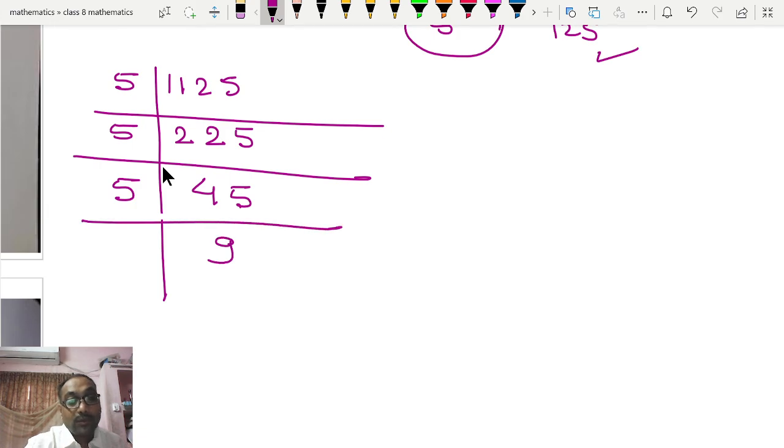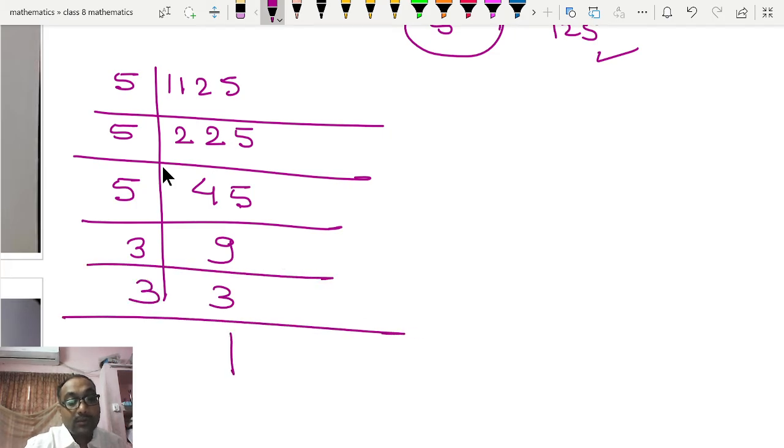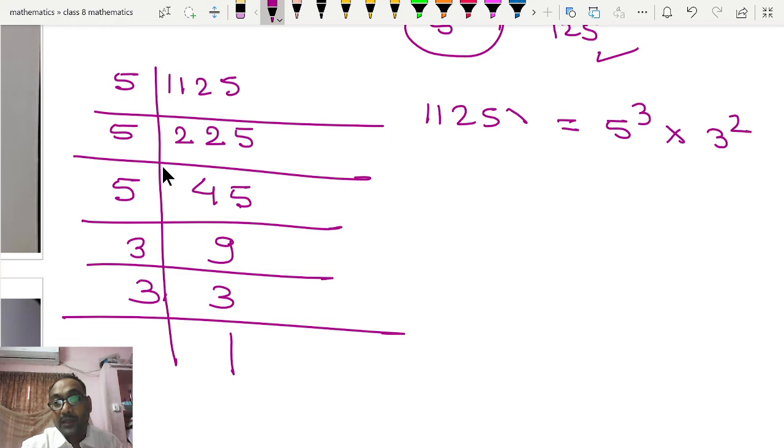Yes, the cube of 5 is there. Now dividing by 3, but the cube of 3 is not there. Only 2 times 3 comes. When we factorize 1125, what we observe is that cube of 5 into square of 3 will come.